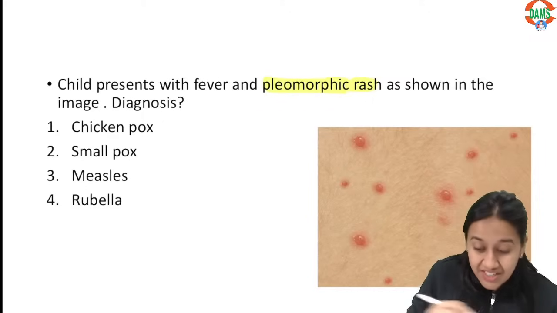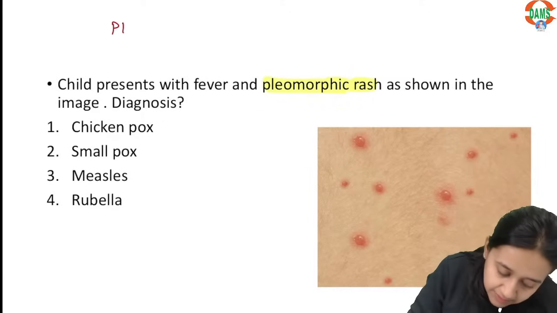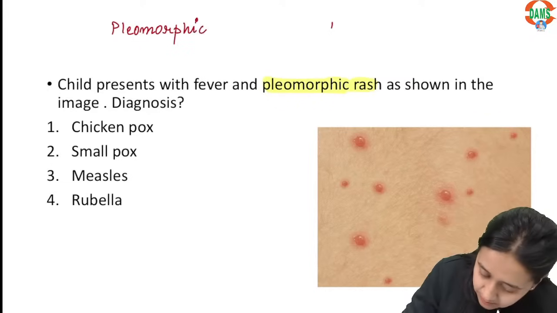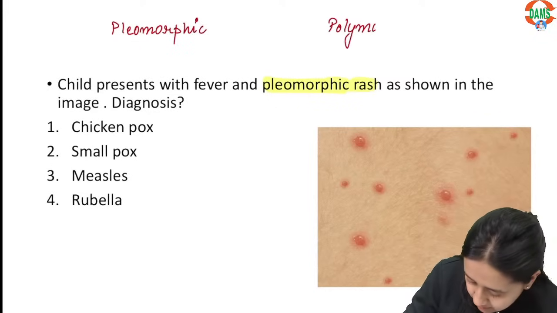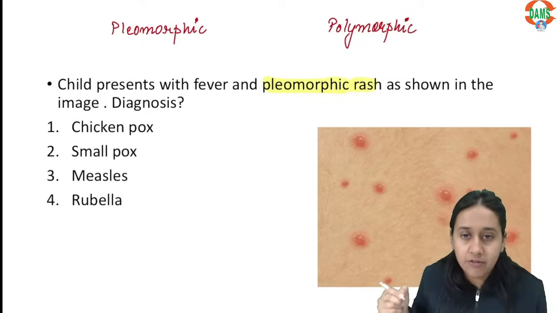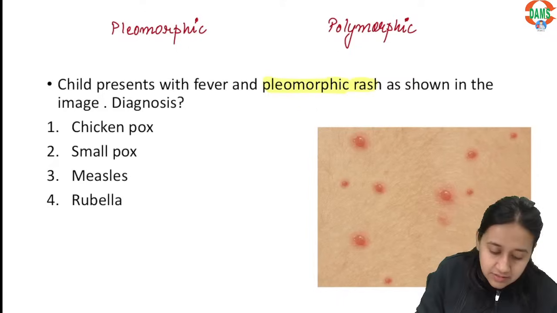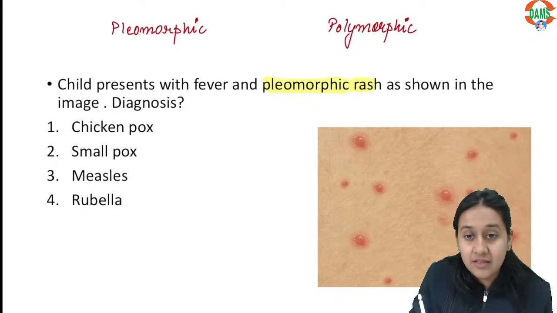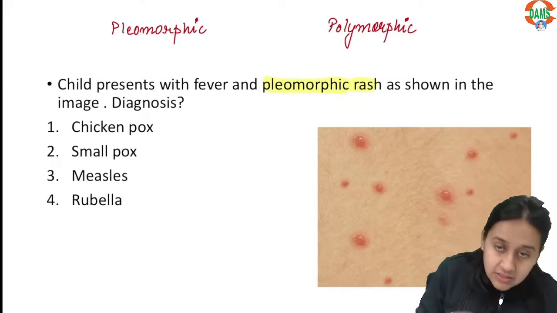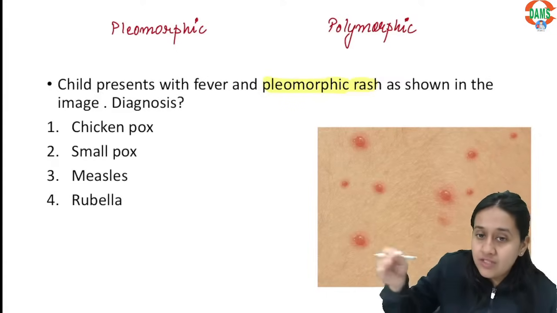Now, I'm sure that you know that there are two words which everybody should know. One is pleomorphic, and another is polymorphic. Do you know these two words? Pleomorphic means the patient has a disease or an infection where the rash is pleomorphic, meaning the lesions are transforming from one stage to another stage.